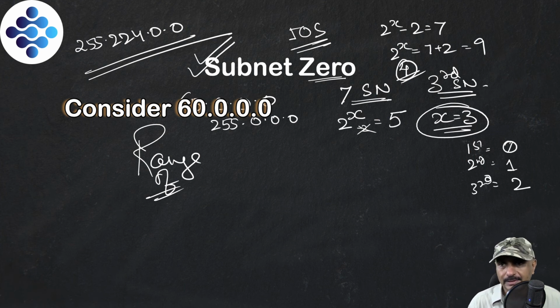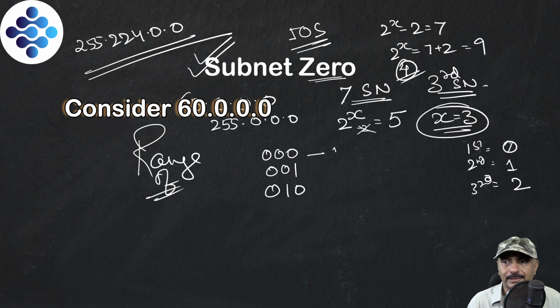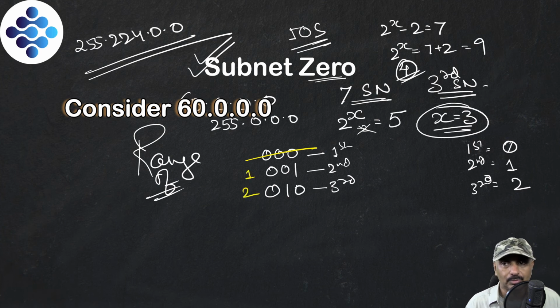Now how to see this? Say we borrow 3 bits. So 000, 001, 010. That's why this is our first subnet, this is our second subnet, this is our third subnet. Previously we were not taking all the zeros, so 1 was 1, 2 was 2, but now not. So we have to calculate it in this way.